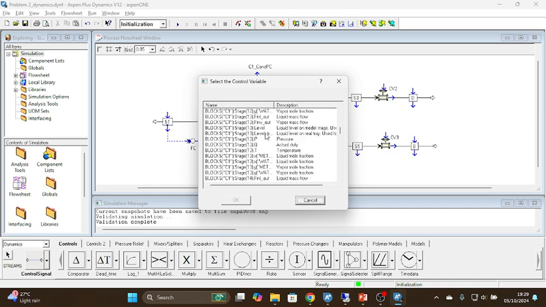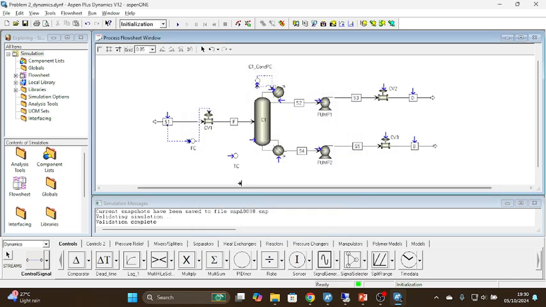So for that, over here the stage is given. So the sump is stage 17. So we have to select this temperature. We are going to click on OK.